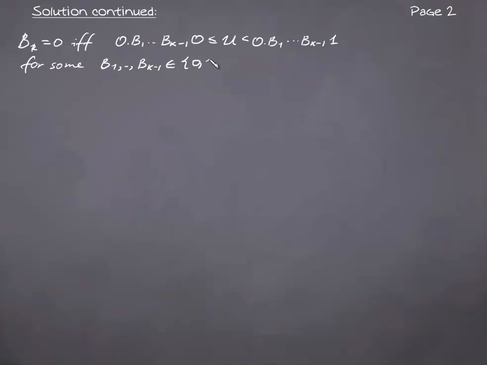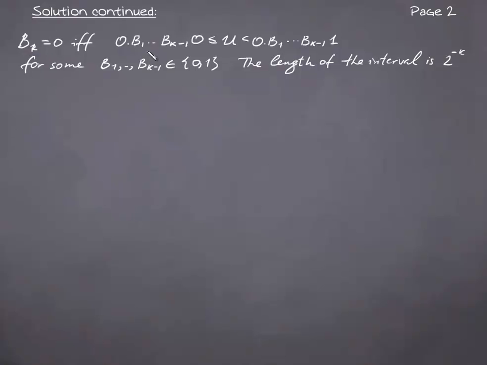Digit bk is 0 if and only if the number u lies between the following numbers, for some digits b1 up to bk minus 1 selected from this set, according to the following inequality. If you consider this interval, the length of this interval is actually 2 to the power minus k. It's easy to see.